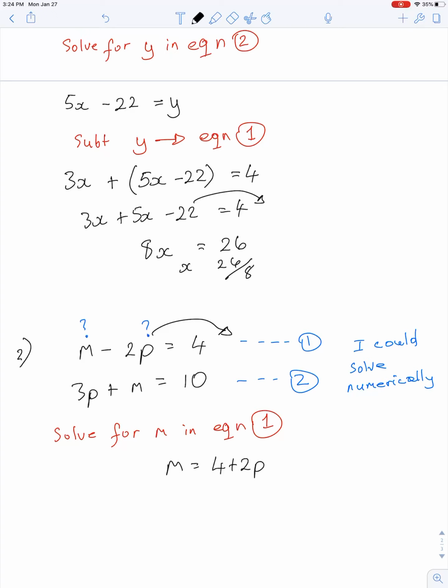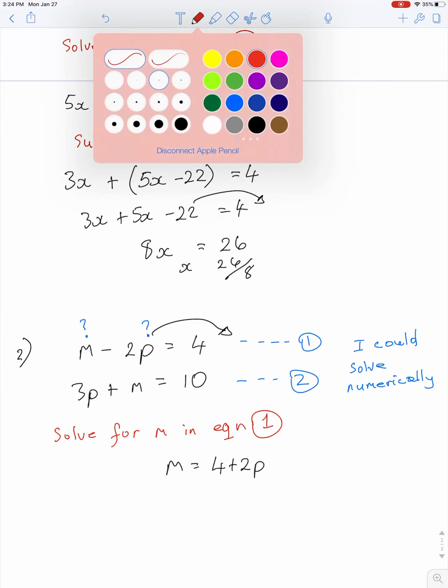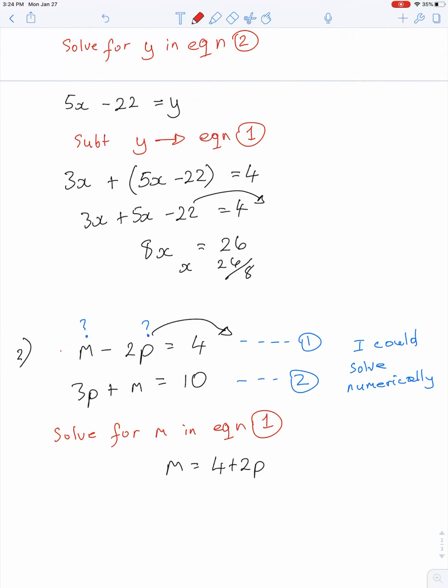The next step, I said that would be step 3. Step 4 is that you substitute m into the other equation. Because remember, you've already used this equation, so I put a check mark here to say I've used it. I don't want to confuse myself. The only one that is left is that one. So I am going to substitute m into equation 2.